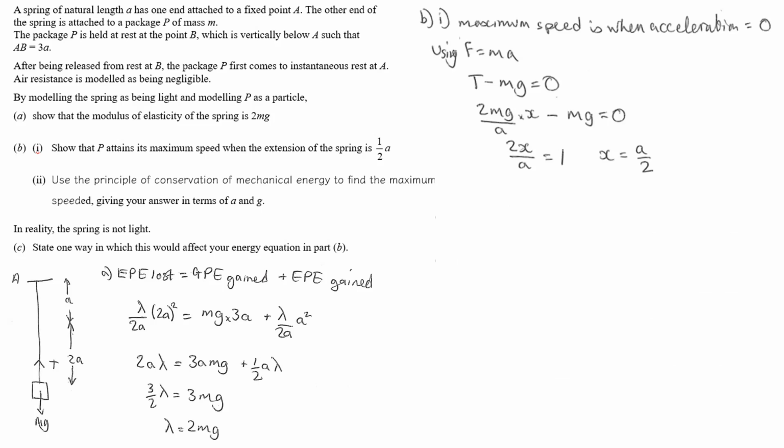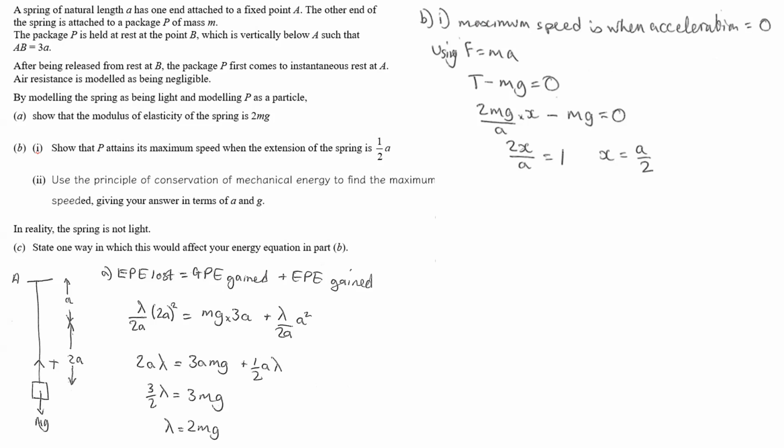So I made that equal to 0, substituted the lambda, the x for the extension, and a natural length a, take away mg. Simplified it, cancelled the g's, cancelled the m's, and I got x is equal to a over 2, or a half a.